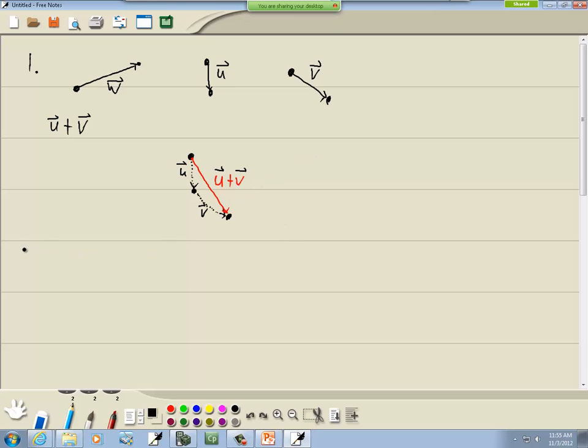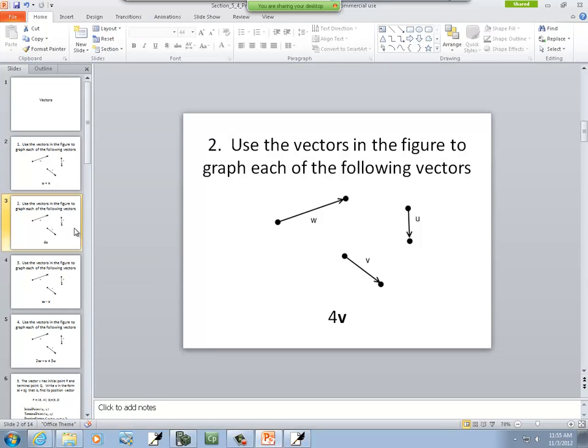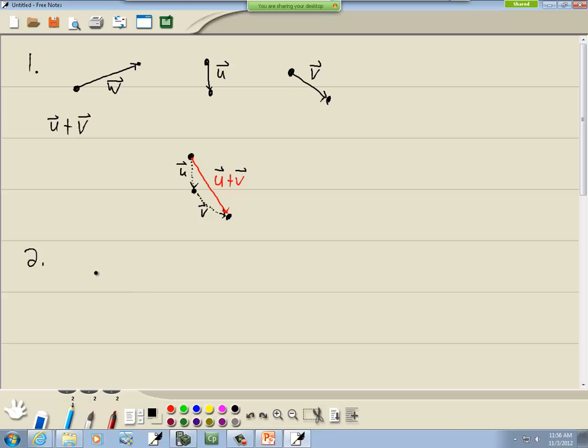Let's look at our next problem. Next one is 4V. Well, here's V, so I'm going to go 4 times this, so distance 4 times that at that angle.